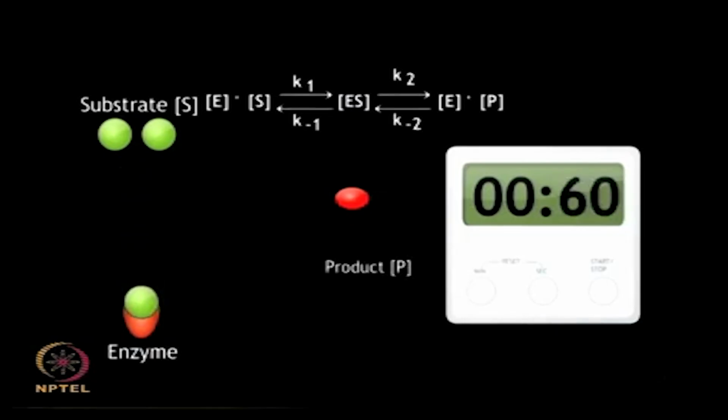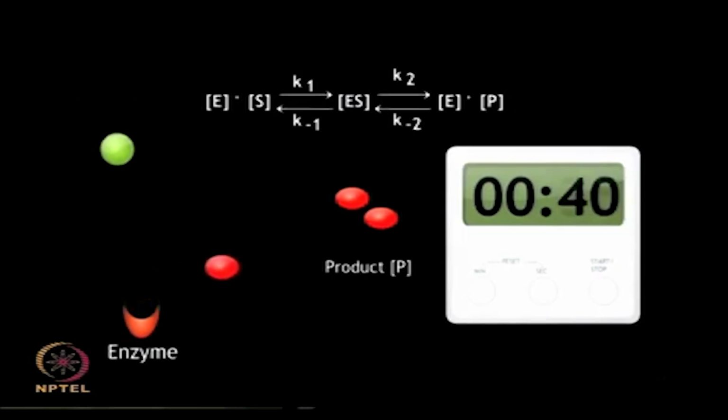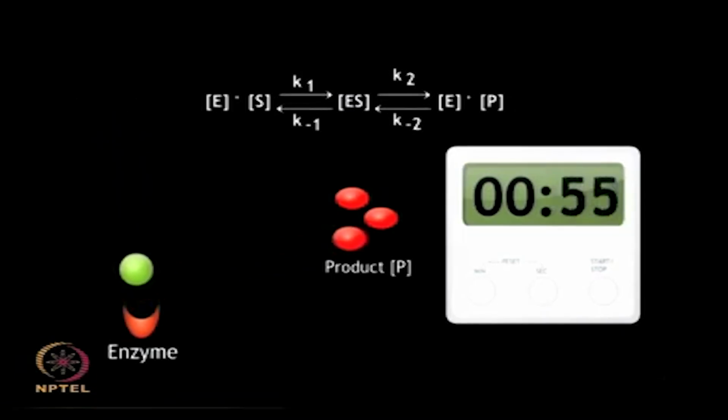The number of moles of product formed per second during these stages determines the reaction velocity for that particular enzyme. V0 has an almost linear relation with substrate concentration when the substrate concentration is low, it becomes independent at higher concentrations.